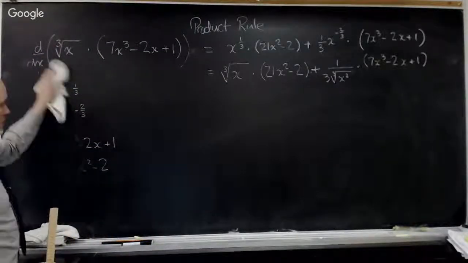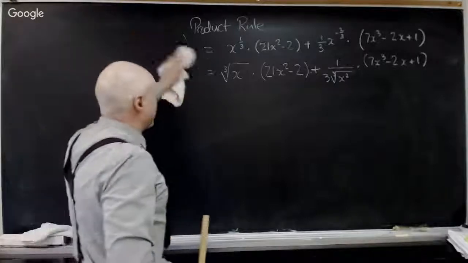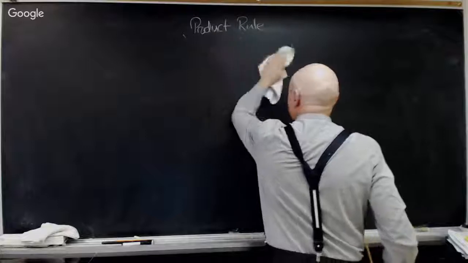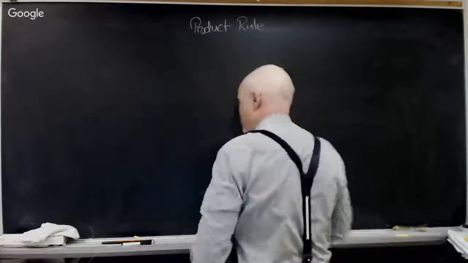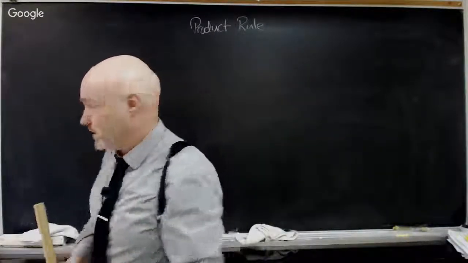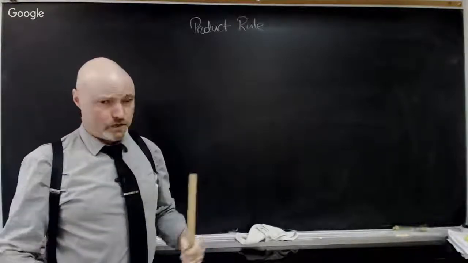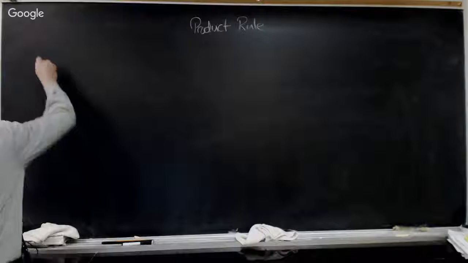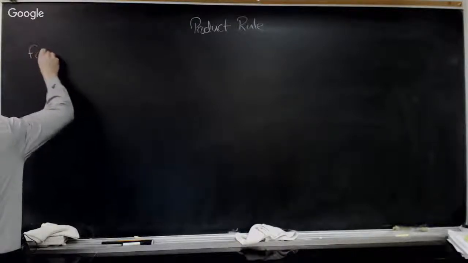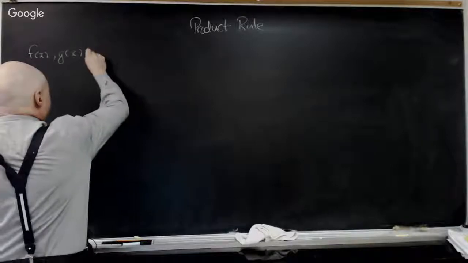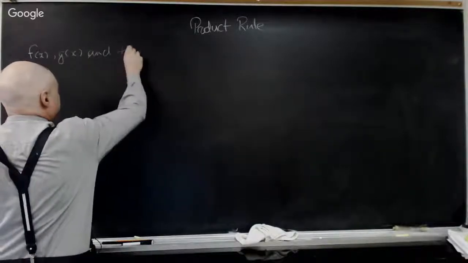All right. Next thing we are going to look at is a pattern for the derivative of 3 functions multiplied together. So we're just going to use the product rule, and then we're going to use the product rule again. Okay, so we have 3 functions, f at x, g at x, and h at x.